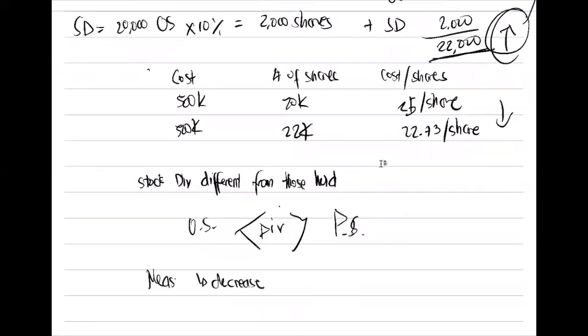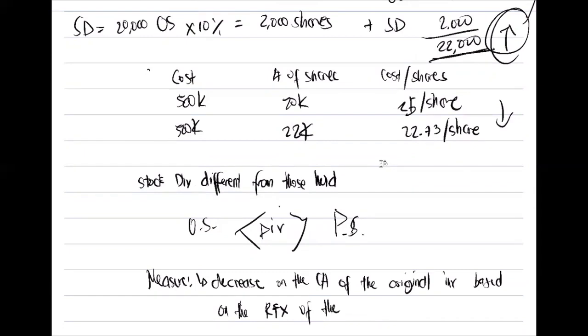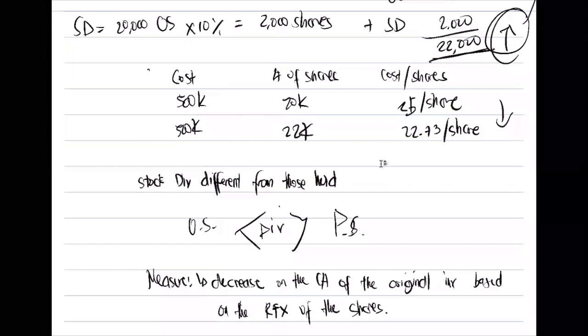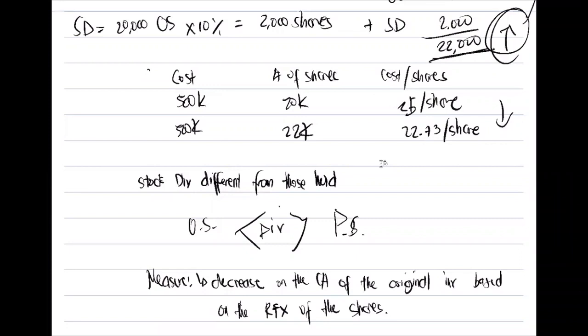So how do we measure? It will be treated as a decrease on the carrying amount of the original investment based on the relative fair value of the shares different from those held.